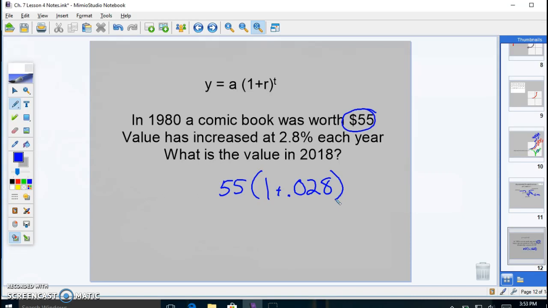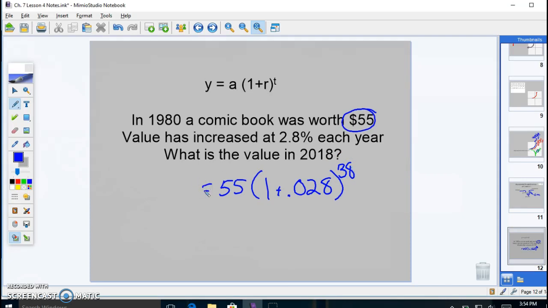How much time has passed from 1980 to 2018? Well, 1980 to 2018 is a total of 38 years. So our T value is 38. We're going to put 38 right up in here.